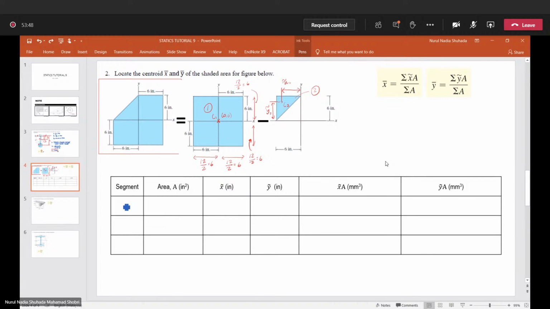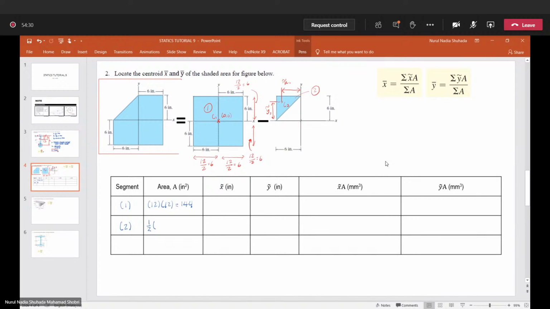So we have two segments, 1 and also 2. The area of segment 1 is 12 times 12, so you will get 144. And the area for the triangle is 1/2 times... for the triangle, the centroid is not at the location of the center here.